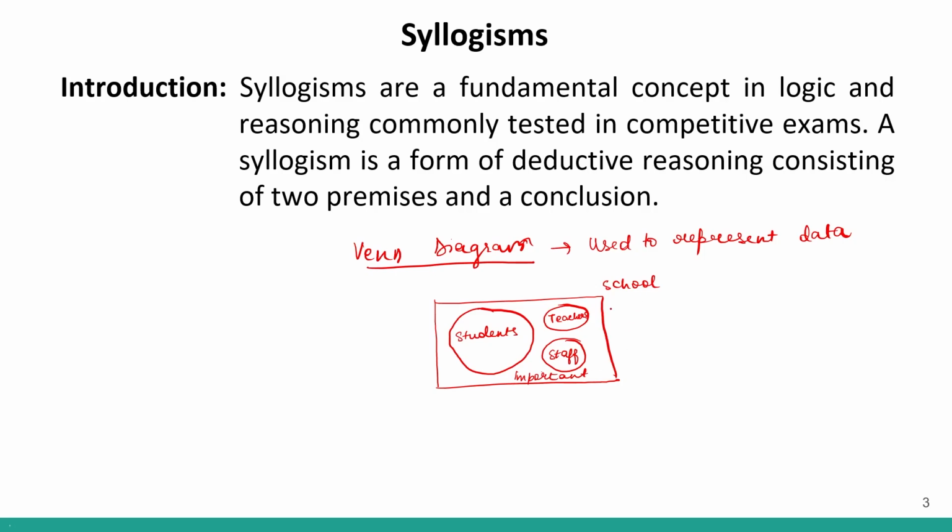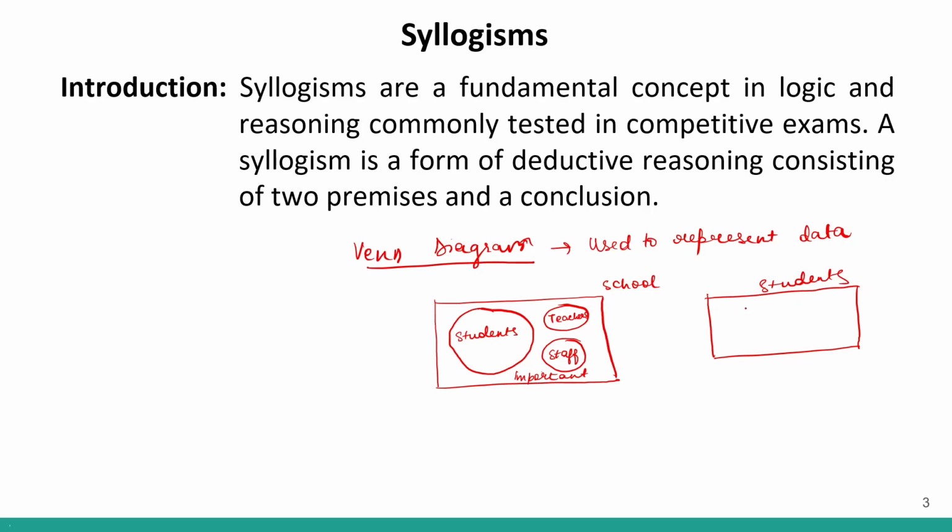So a school is comprised of many components, and this can be represented in a Venn diagram. Similarly, let us look at the students. Let's say this rectangle represents the student structure, the complete number of students that are there.